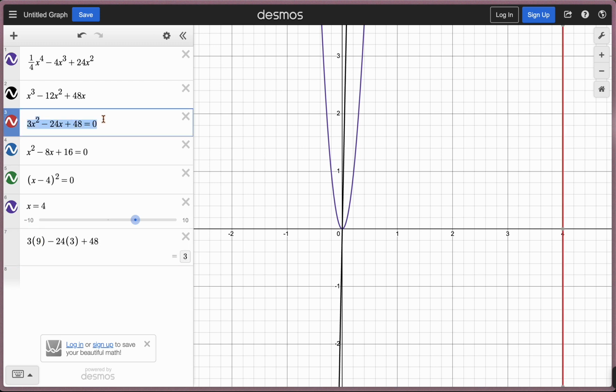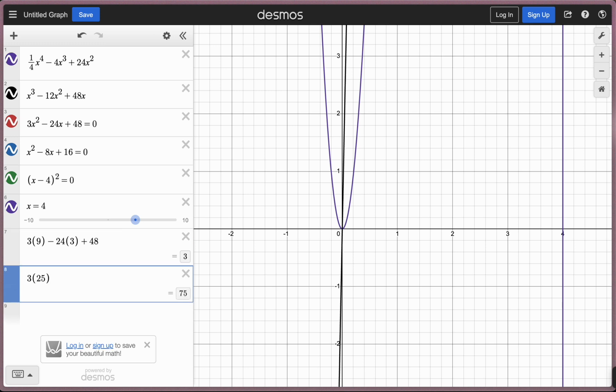This is the double prime, remember? That would be equal to 3. Now we're going to plug in 5.